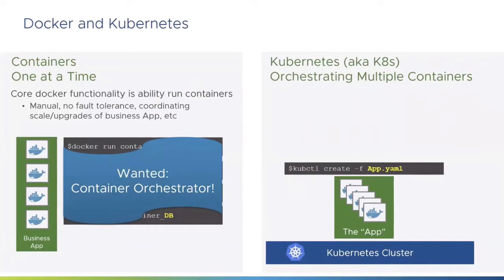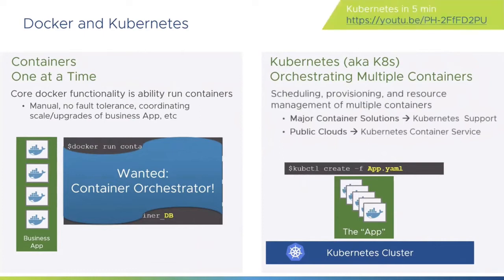So I'll have basically a text file or a few text files, and inside those specify the containers. Now, Kubernetes is the winner in the container orchestration wars. I don't think there's any debate there anymore. All the major container solution providers that exist all have announced or have Kubernetes support. All the major public cloud providers also have Kubernetes services available on them.